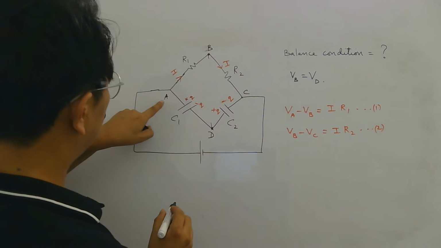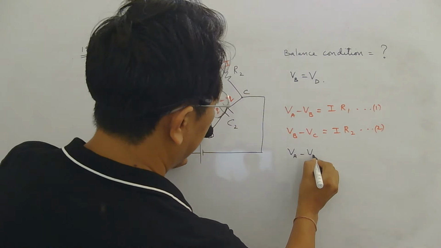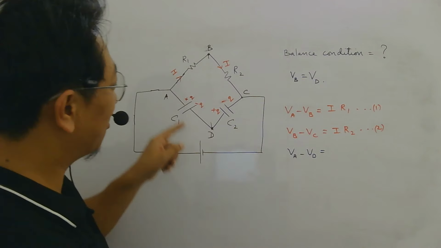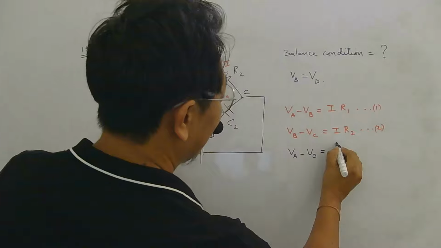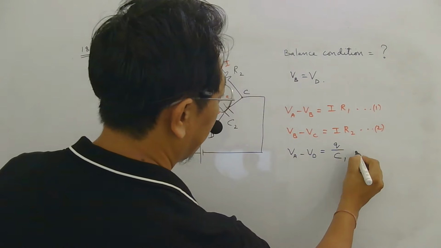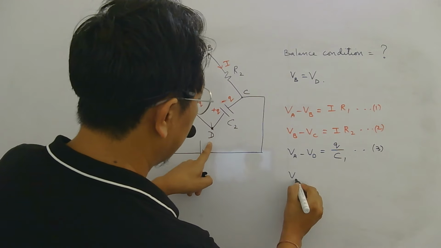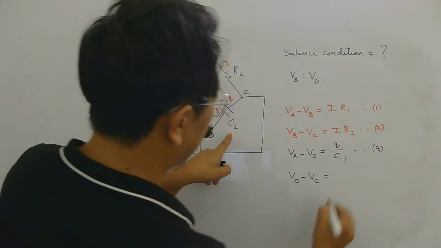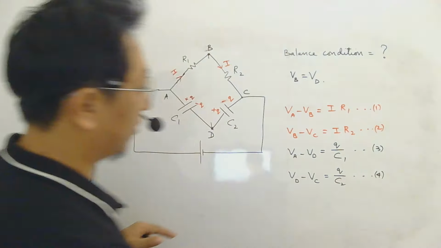Similarly, potential difference between A and D, VA minus VD, will be equal to, for a capacitor don't write I into R, for a capacitor potential difference is Q by C, right? The charge on the positive plate divided by capacitance, which is C1. And here what will be the potential difference? VD minus VC. That will be Q by C2. So these are my 4 equations, right?